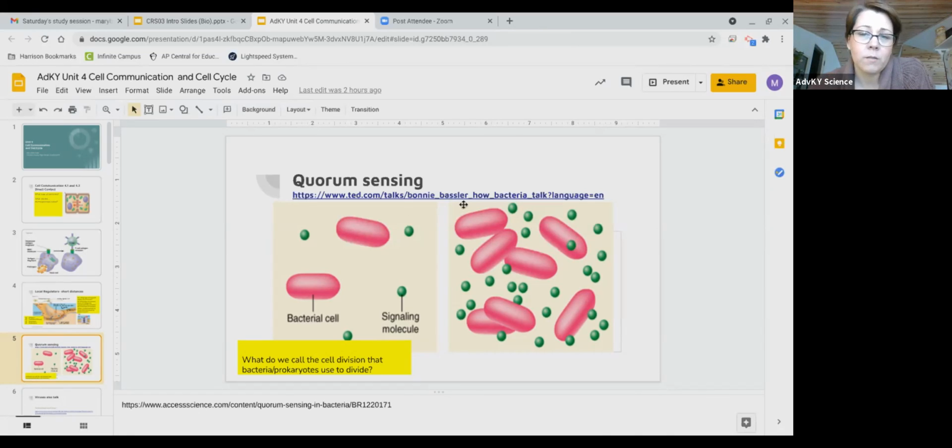But Bonnie Bassler, her research is kind of figuring out how bacteria talk to one another, and can we either stop them from talking or stop them from being able to hear one another so that we can fight bacterial infections that way, since a lot of bacteria are becoming resistant to the antibiotics we have.